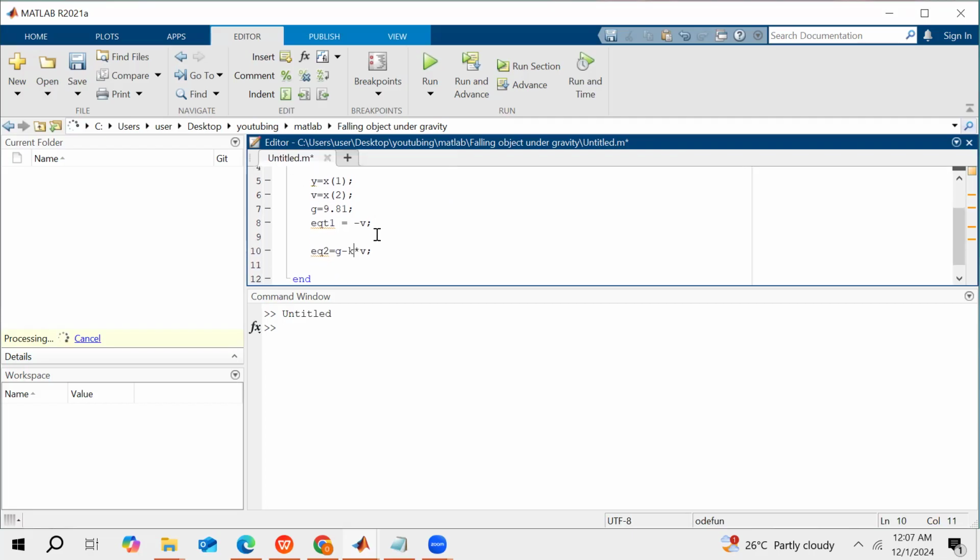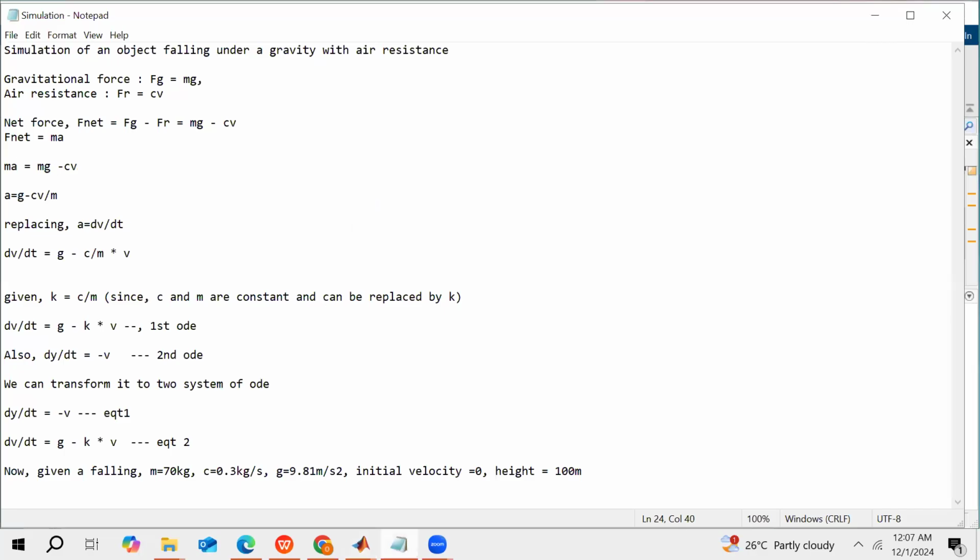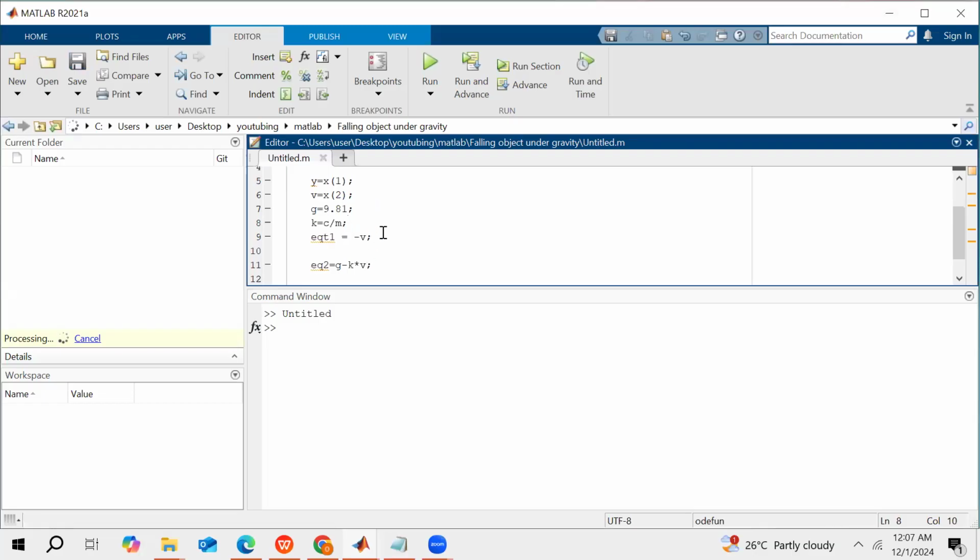And then our K is equal to C over M. Let's confirm that again. Yeah, our K is equal to C over M. C is 0.3.